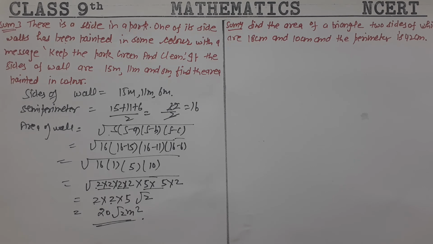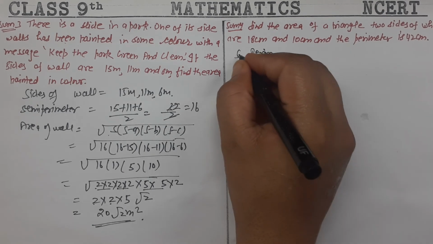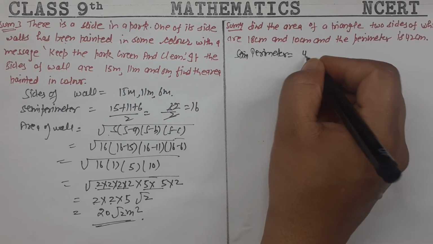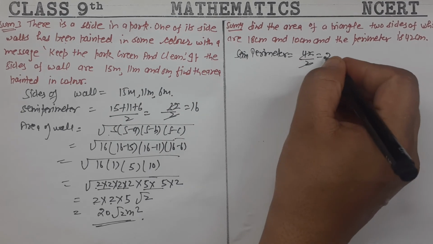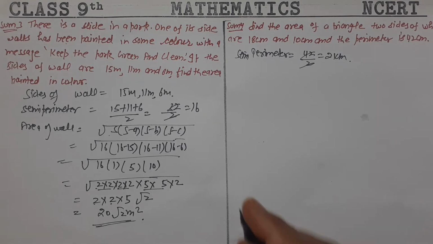Now the next, fourth question. Find the area of a triangle, two sides of which are 18 centimeter and 10 centimeter and perimeter is 42 centimeter. Semi-perimeter is 21 centimeter.